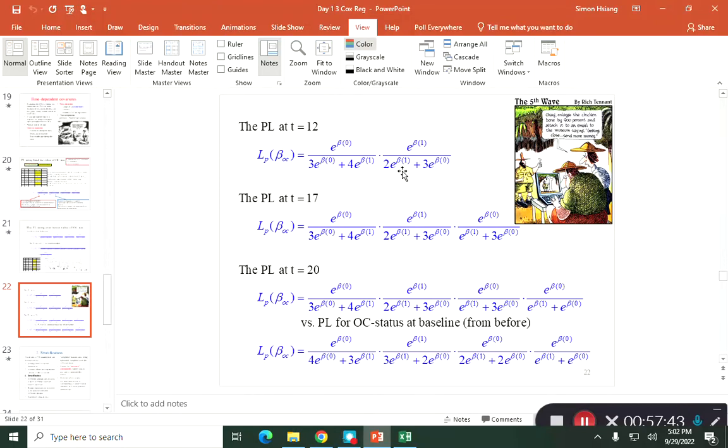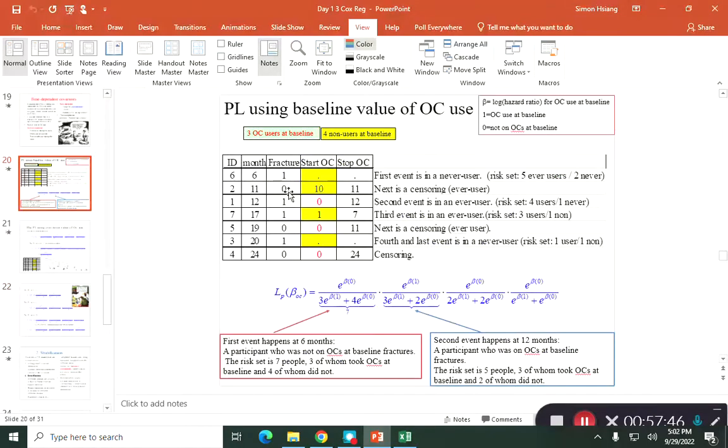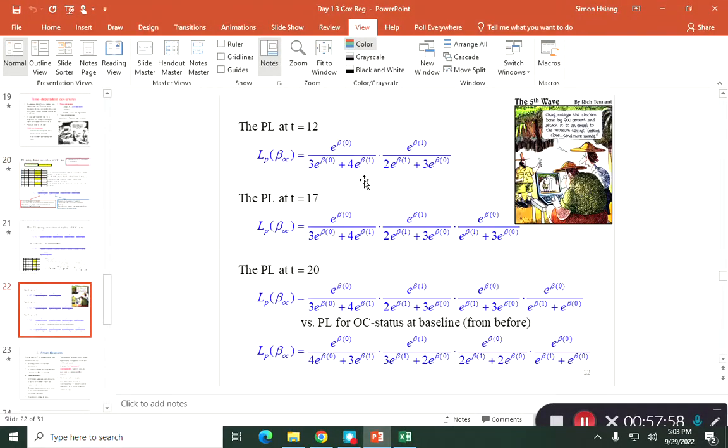This time I have 5 cases left: 1, 2, 3, 4, 5. Among the 5, I have 2 taking OC and 3 not taking OC. The case here is from the group taking OC, so it's from these 2 groups. This is my partial likelihood for time 12.